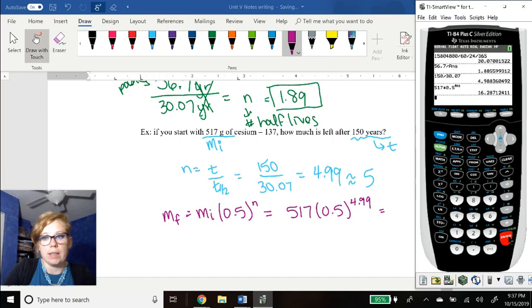And then that gives me 16.287. So it gives me this really long number. I'm going to go with my sig figs with what I was given in my initial mass.